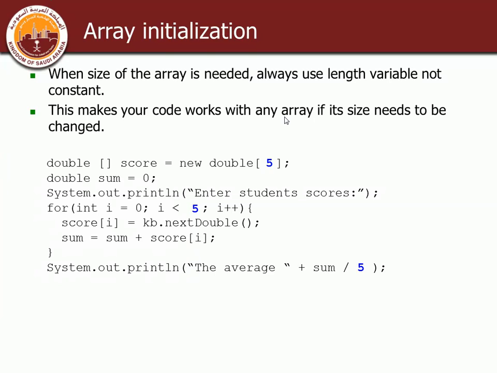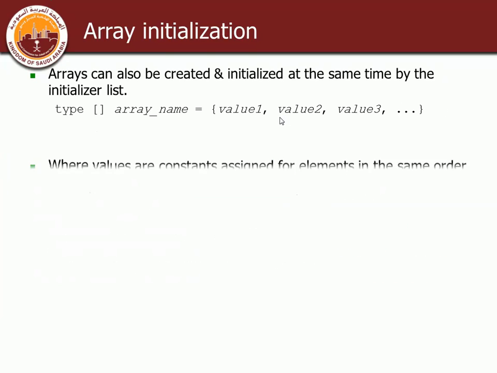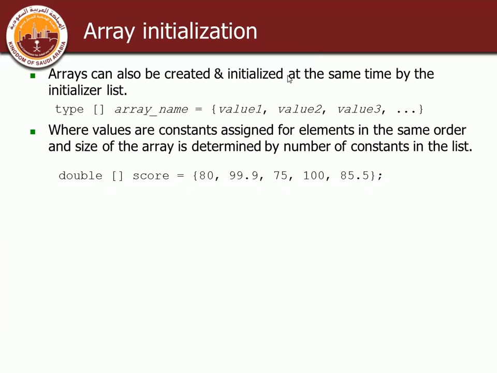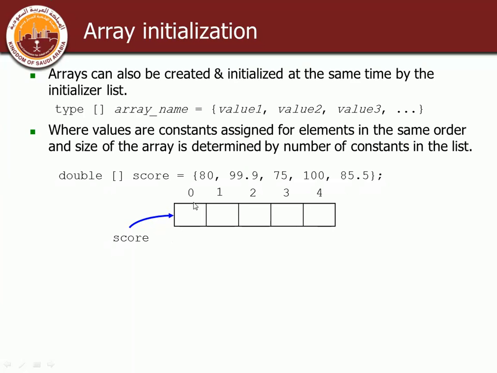So there's something that I can do differently. When I directly put the values inside of the array, I don't need to specify the size, because the size is going to be determined by how many elements we have. So this is what's going to happen when we write something like this. We already have these 5 elements, but again we need to remember that the first element is the element at position 0, the second position 1, the third position 2, and so on.